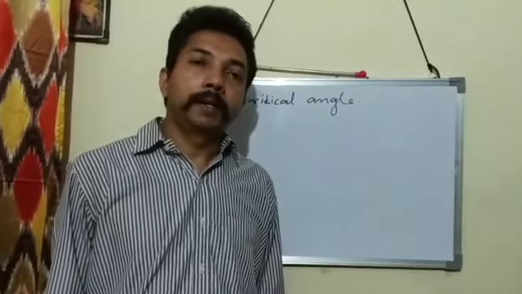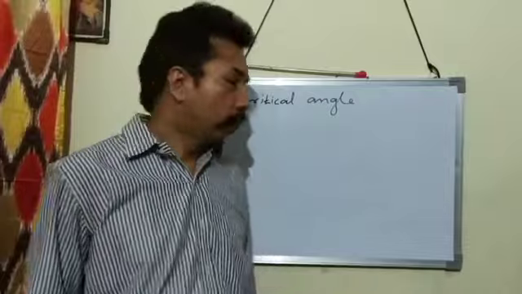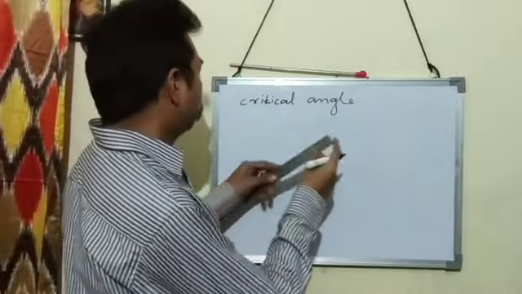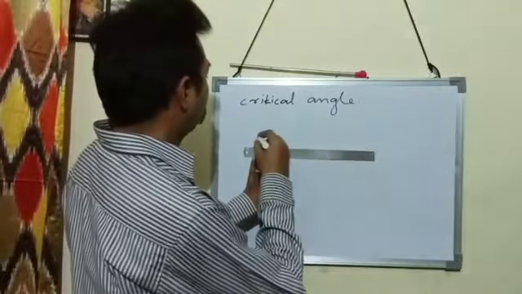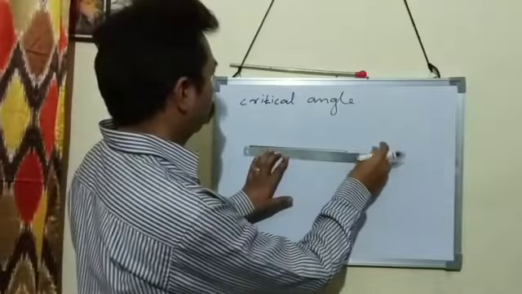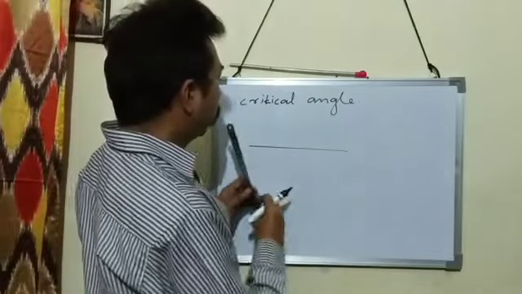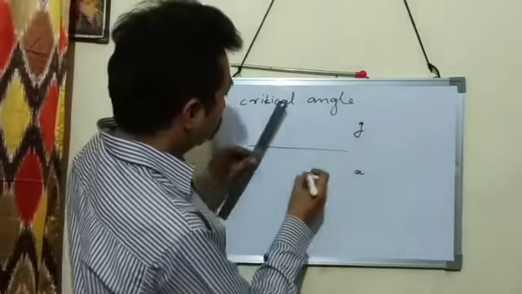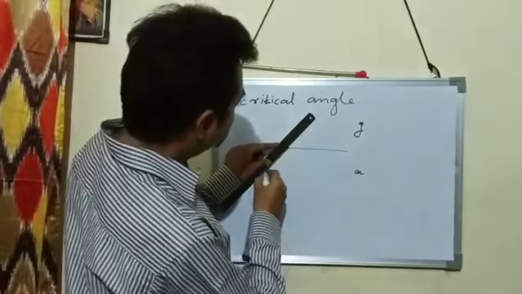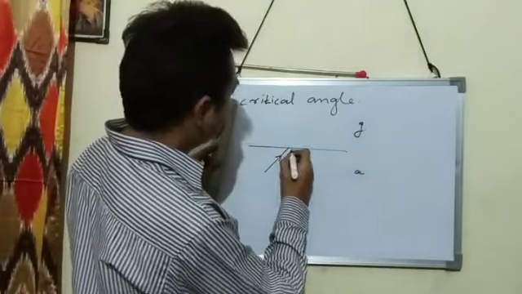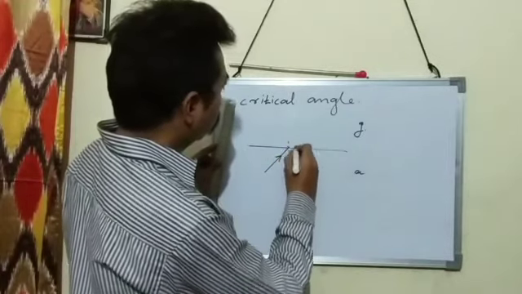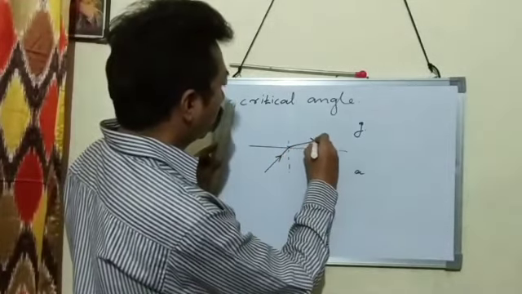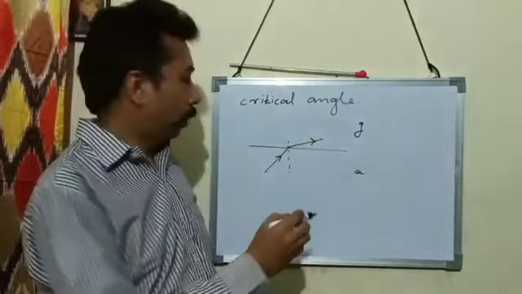When a ray of light passes from denser to rarer medium, suppose that this is air and this is glass. Then the refracted ray moves away from the normal.